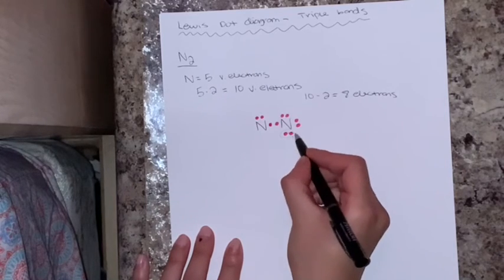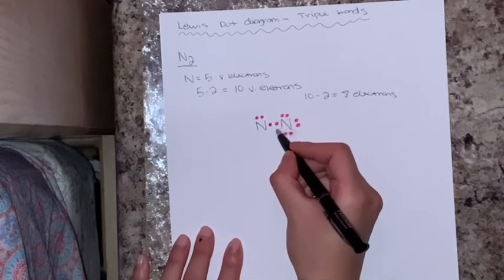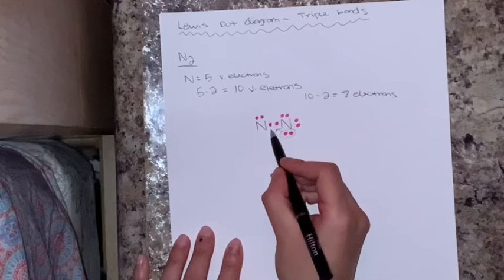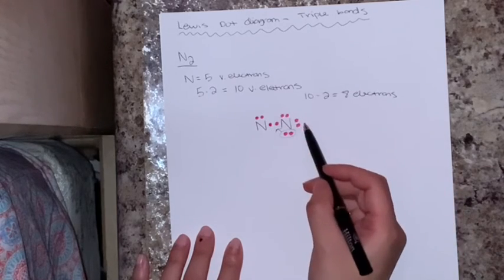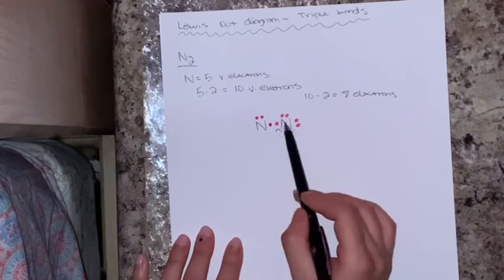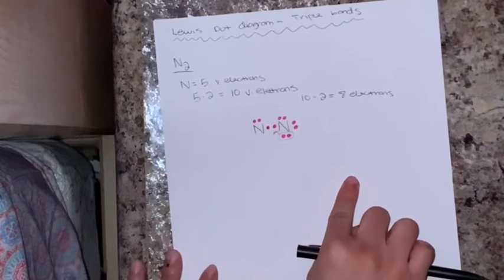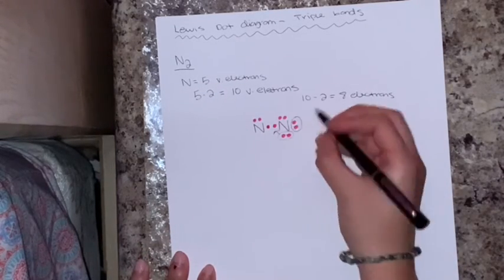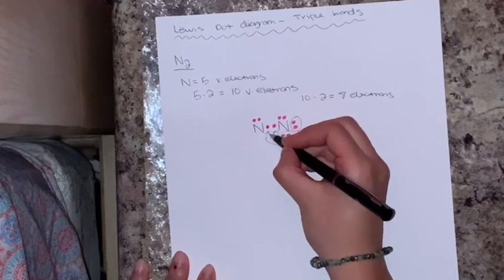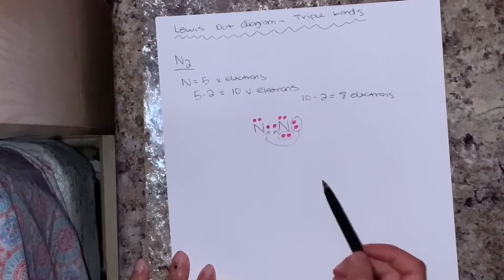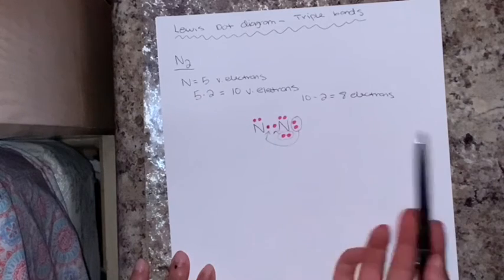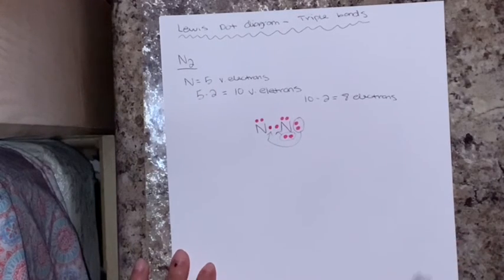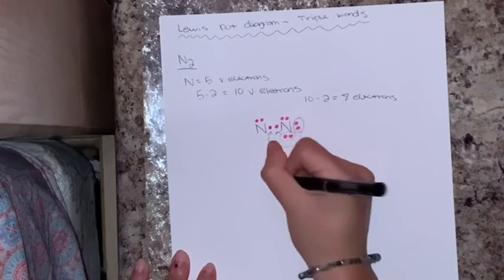So we're going to get these 2 electrons in the bottom and put them in the middle to have a complete octet on the left, but that's still not going to be enough. So we're going to take these 2 electrons on the side and put them in the center, making a triple bond. And so now both atoms have a complete octet.